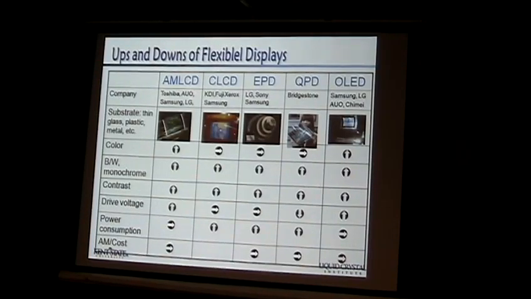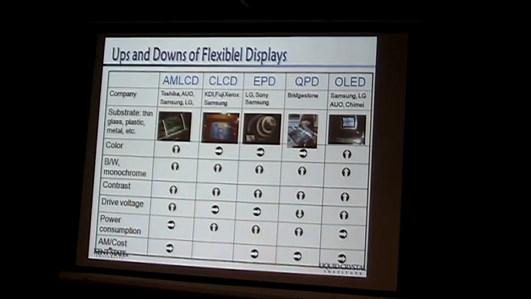Well, certainly you want to compare existing technology with others, right? Because there are some other devices that may also be suitable for flexible substrates. For example, organic LEDs have been demonstrated. They can work on stainless steel and also on plastic.